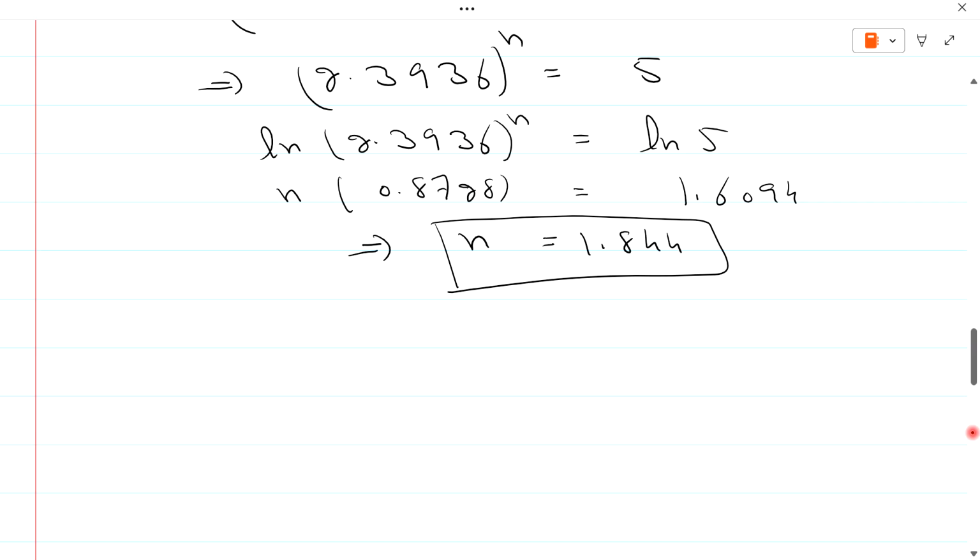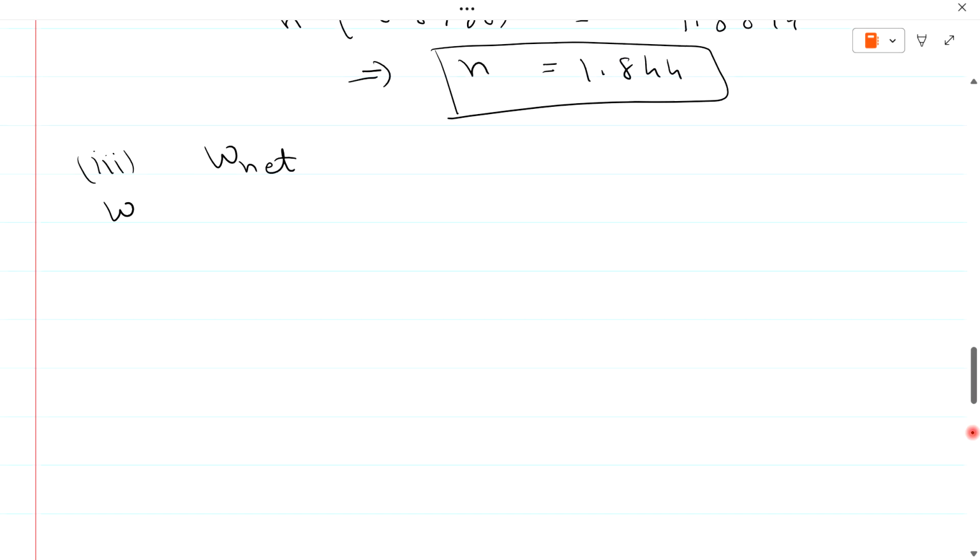So now the third requirement is to find net work. For net work, first we find the work done from 1 to 2.